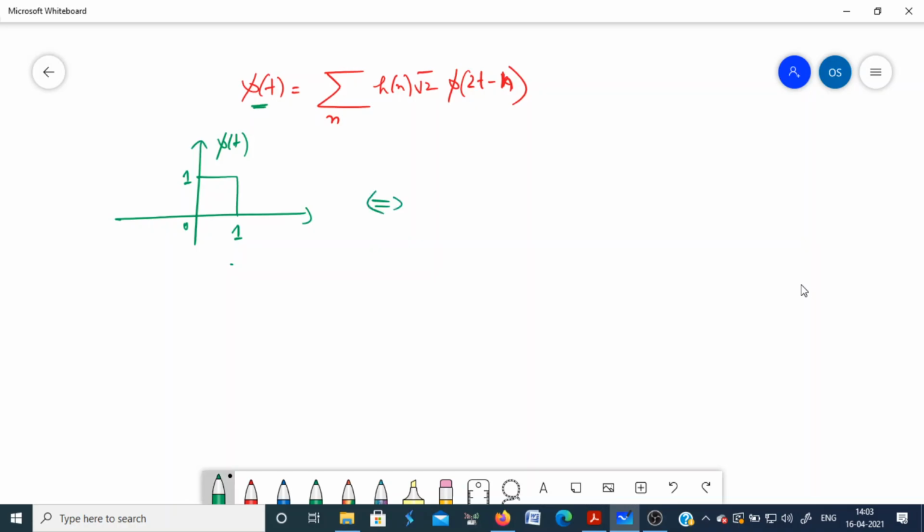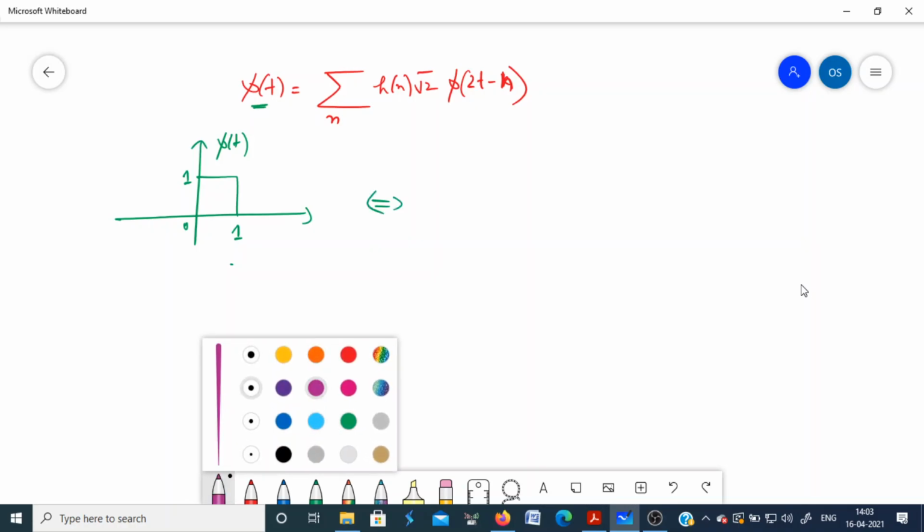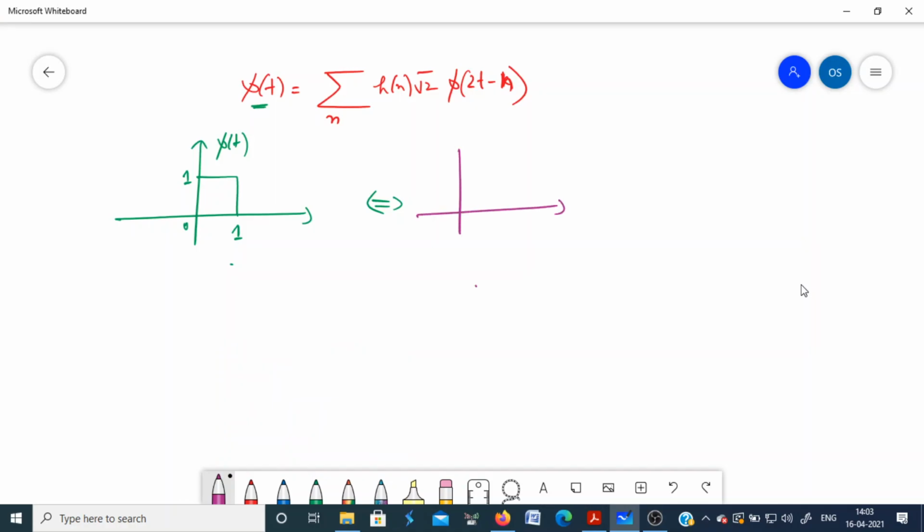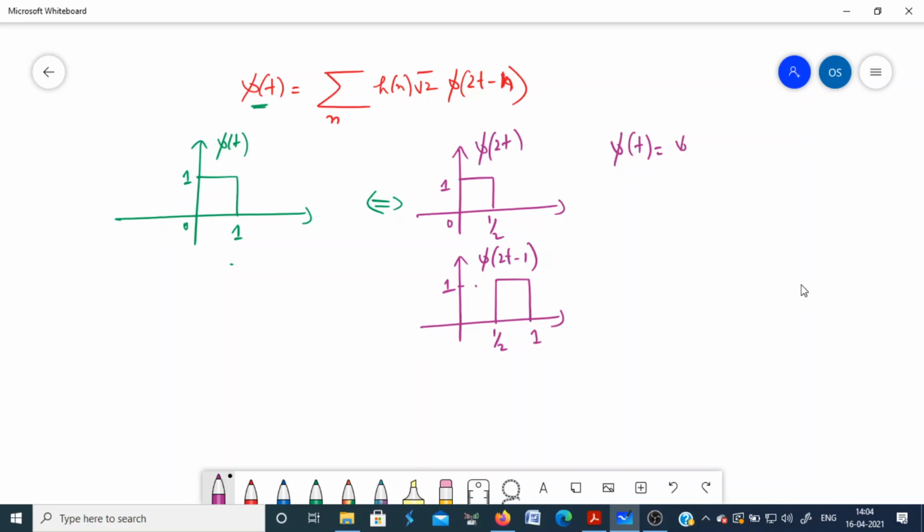If you compress it, you'll get phi 2t, which is 0 to 1 by 2, and then phi 2t minus 1 is shifted by 1 by 2. This is phi of 2t minus 1. So phi t can be generated from phi 2t plus phi of 2t minus 1 simply. If you add these two functions, you will get this function.